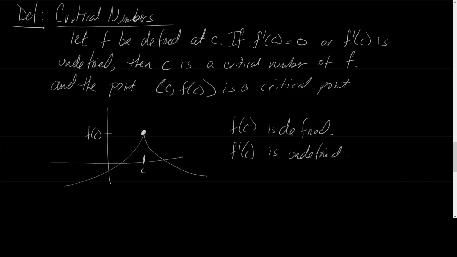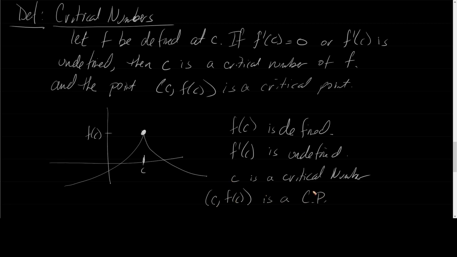So in here, we would say C is a critical number. That's how you spell critical. My spelling's off the charts today. All right, so C is a critical number, and we would also say that the point C comma f of C is a critical point.